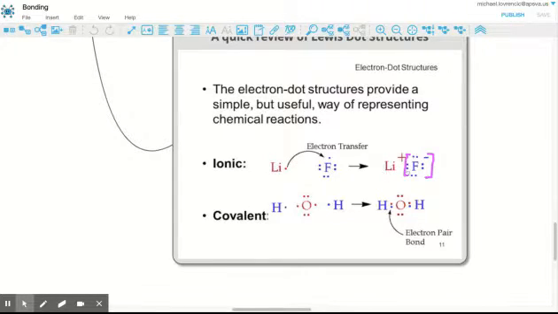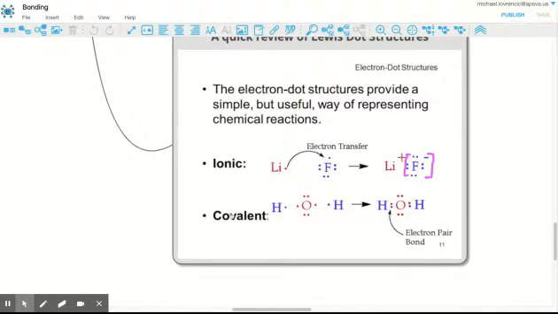The Lewis dot structures demonstrate the ions that are formed, the number of ions that need to form for the charges to balance. They show the full octet around the nonmetal, and they show how the metal has lost its valence electrons. So remember, when you see the lithium ion, the fact that there are no dots here doesn't mean there are no electrons. It just means it has lost its valence electron.